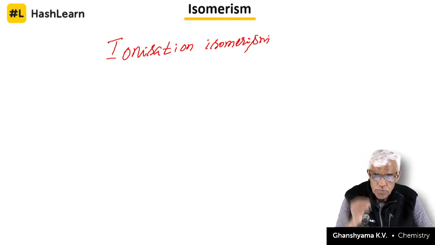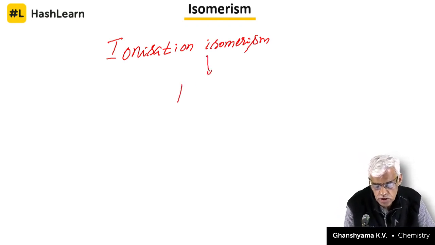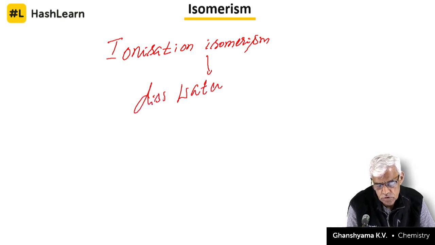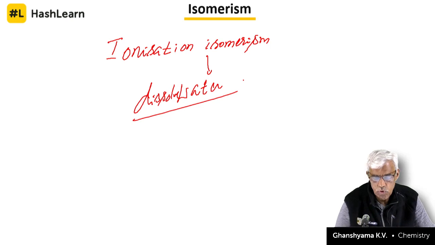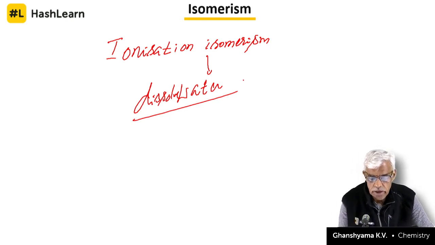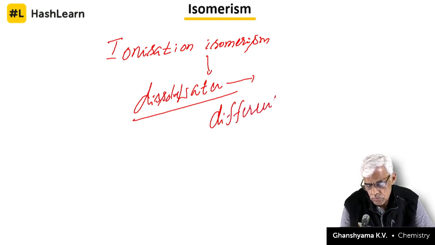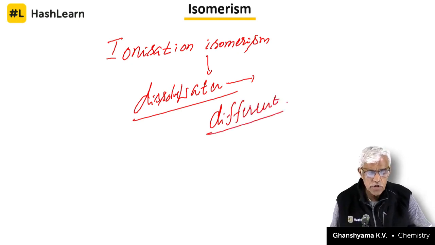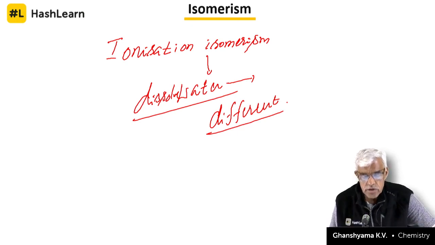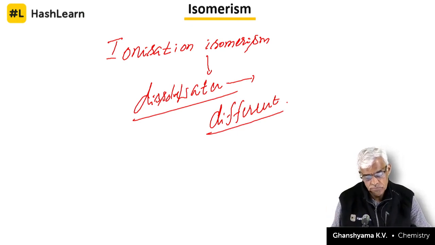But if you dissolve them in water, they give different ions. Therefore, it's called ionization isomerism.